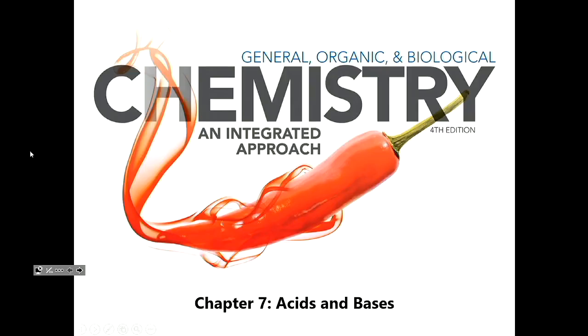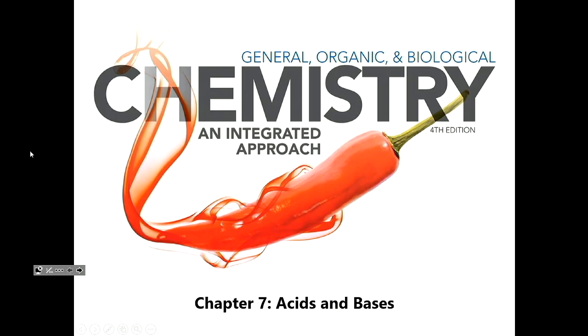So this is a foundational chapter. As we're going to see as we move forward, these concepts are going to carry on for pretty much the remainder of the course, many of them anyway, because when we start talking about biochemistry, not all of them, but the majority of biochemicals that we're going to talk about display in one form or another acid-base properties.